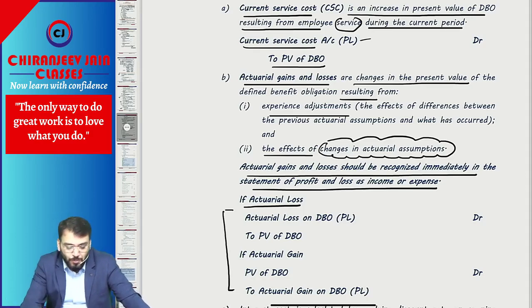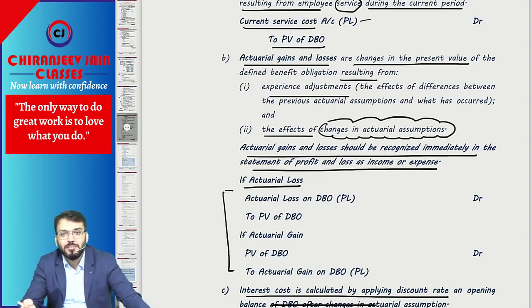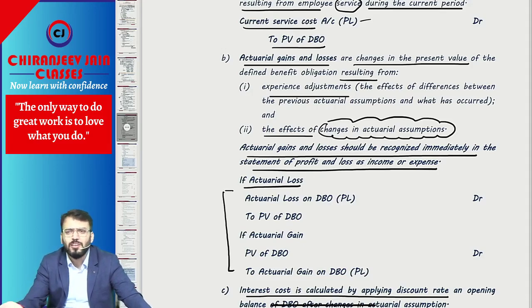Then we have done one more point, actuarial gain or loss. Whenever there are some changes in present value of DBO due to experience adjustment, meaning actual is different from estimated, or due to changes in actuarial assumption. Whenever there is some change in actuarial assumption, whatever you calculated last year will change.